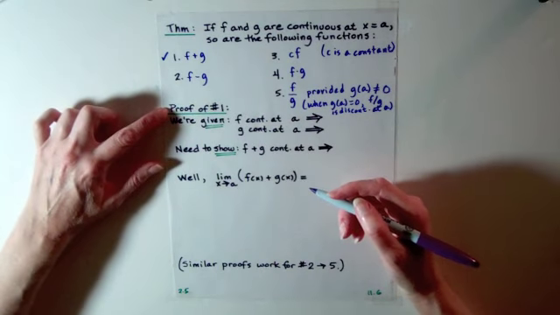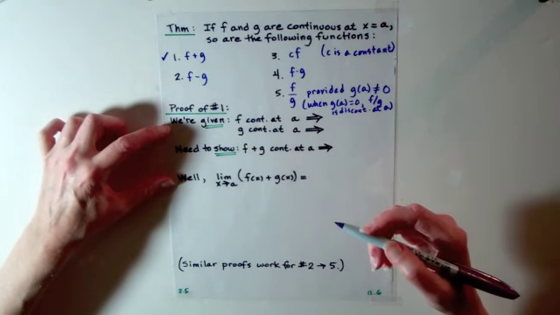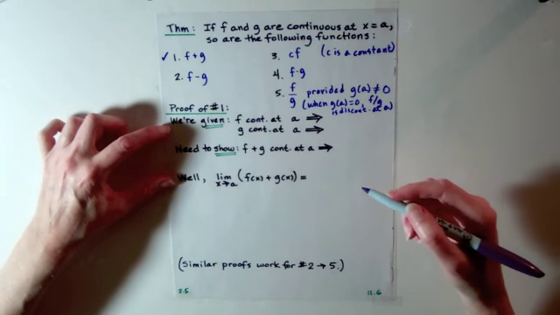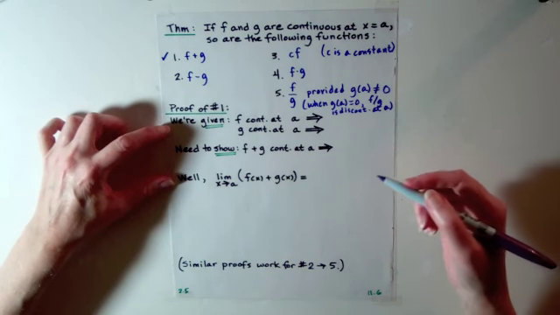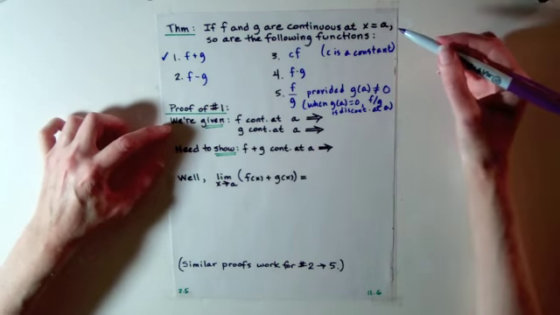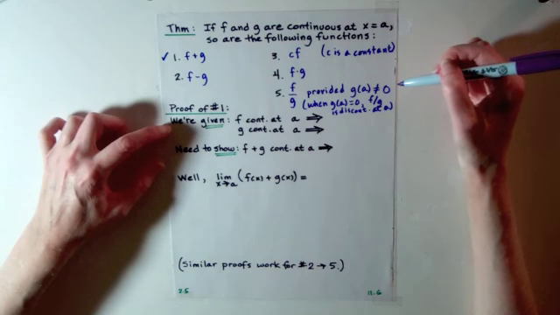So proof of number 1, and this is sort of a nice proof because it's a very typical scheme for how we prove things in mathematics. When we are given a theorem, we're always given some conditions in the theorem, and then we're given a conclusion in the theorem.